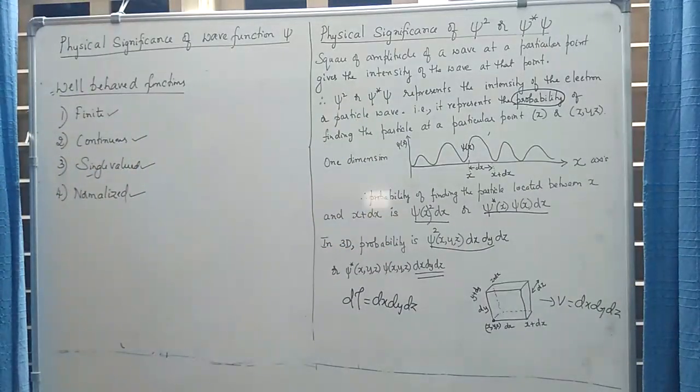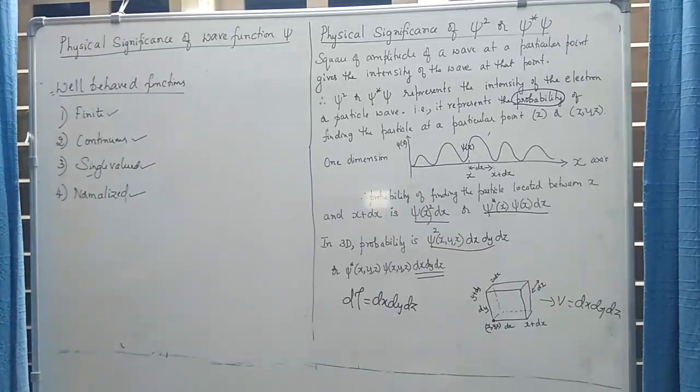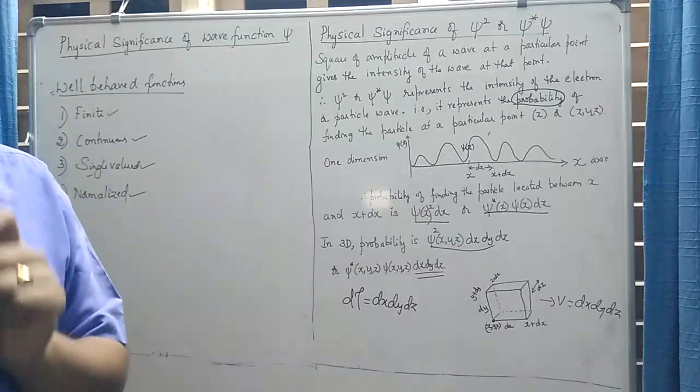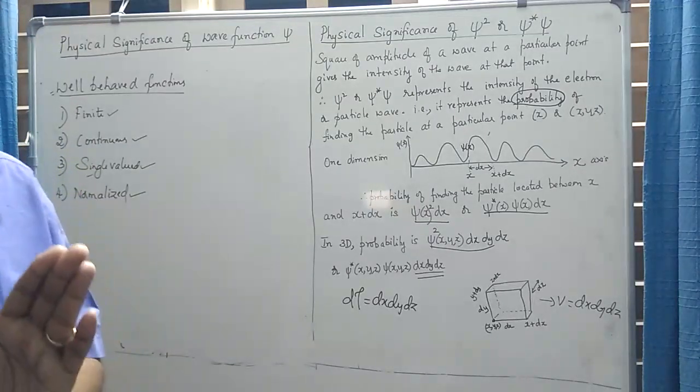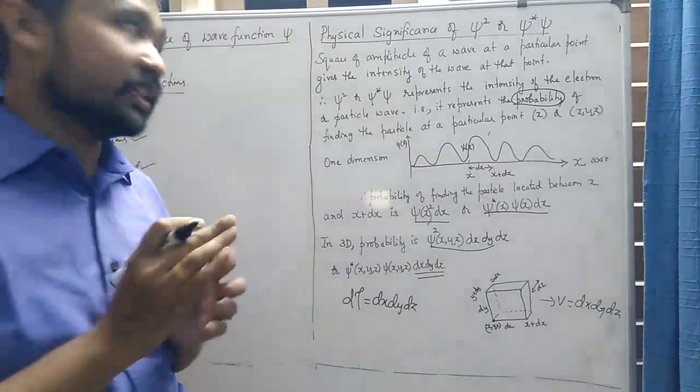The wave function should be finite, continuous, single valued and normalized because, though the wave function psi does not have any physical meaning, its square, psi square, has a very important physical meaning. It represents the probability of finding the electron.